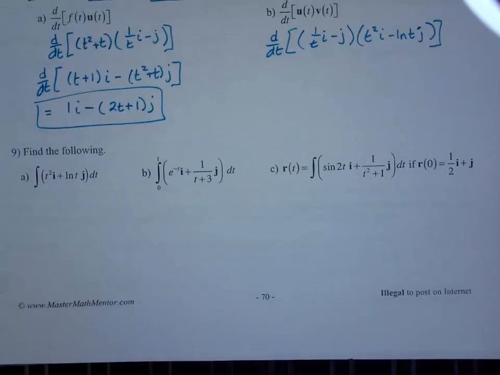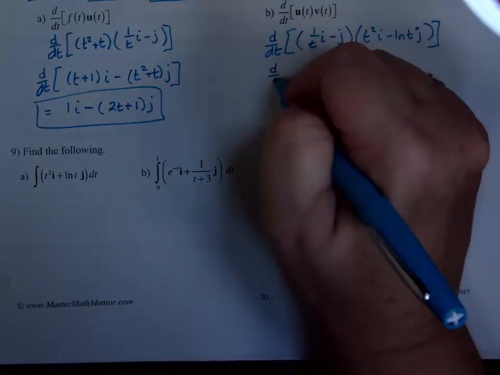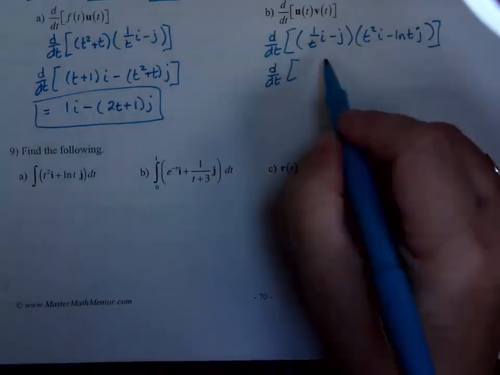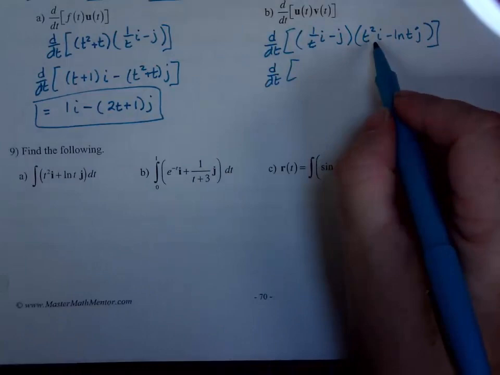It was very ugly. Okay, remember that multiplication is like dot product. You multiply the ones in front of i's, you multiply the ones in front of j's, and you add them together. So d dt, parentheses, 1 over t times t squared.